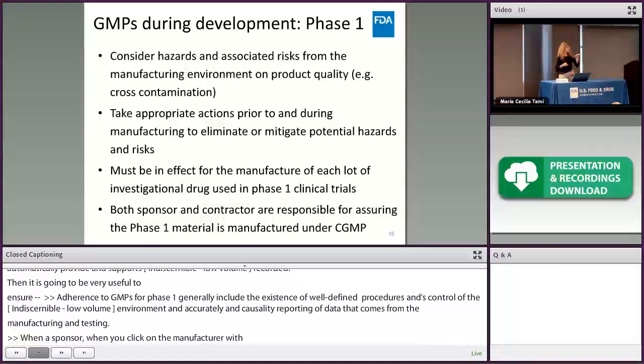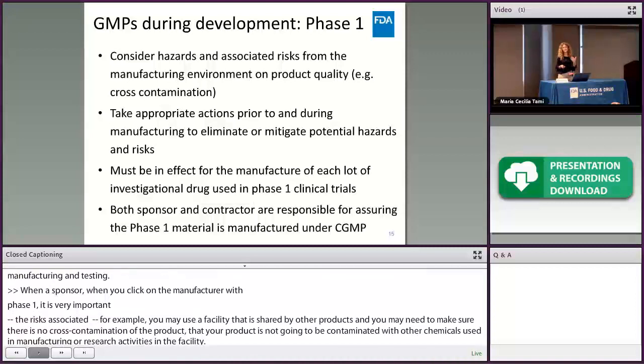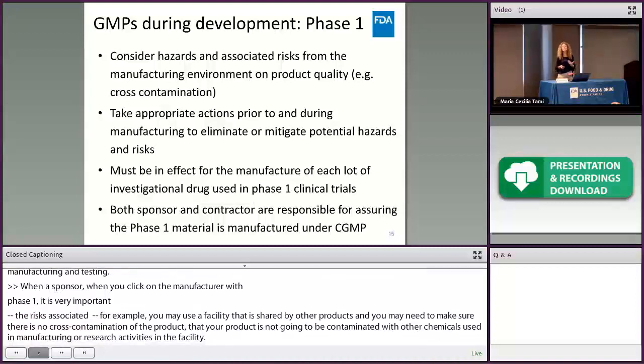For example, you may use a facility that is shared by other products, and you may need to make sure that there is no cross-contamination of your product, that your product is not going to be contaminated with other chemicals that were used during manufacturing or during research activities in that facility. So it's very important that a thorough evaluation of the facility where you're going to manufacture your phase 1 material is done, and the risks are identified and mitigated.